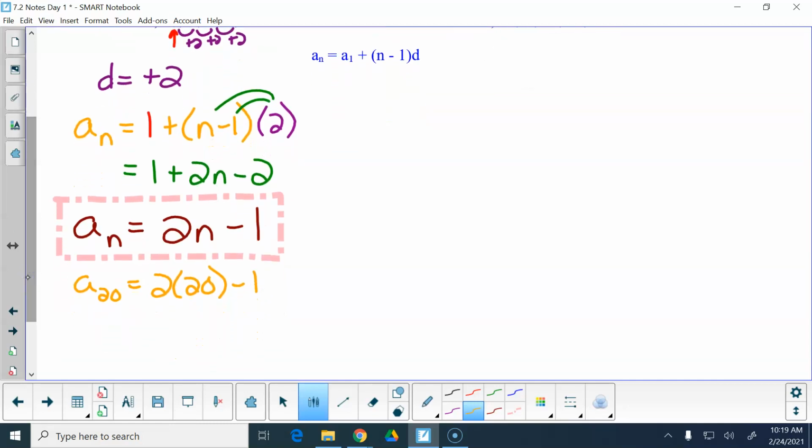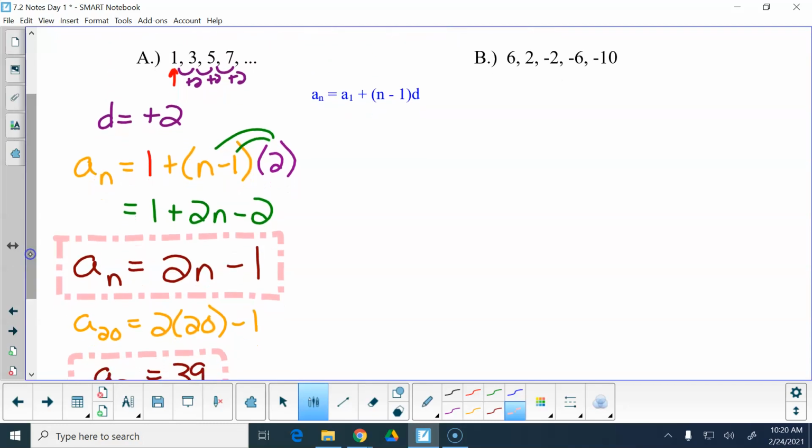Twenty times 2 is 40. 40 minus 1 is 39. So the 20th term in this sequence would be 39. Yes? Questions, comments, concerns, clarification?